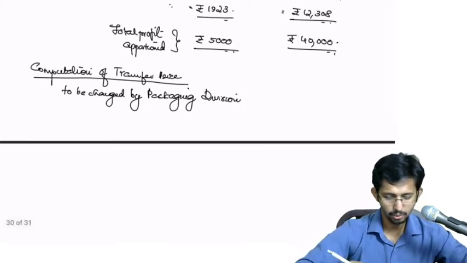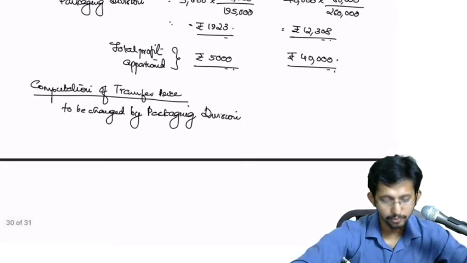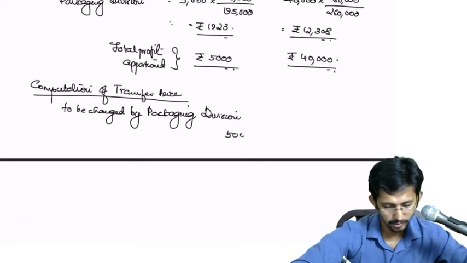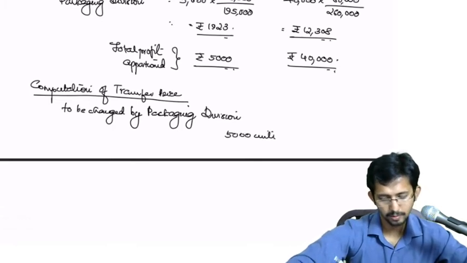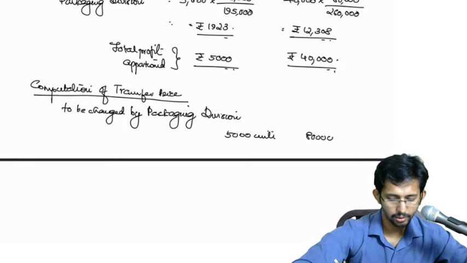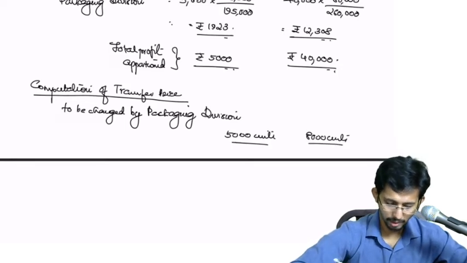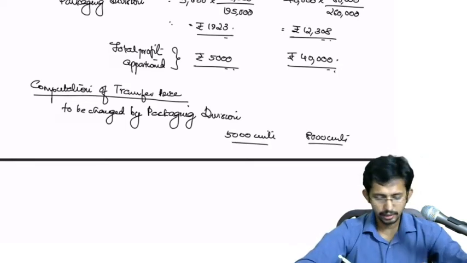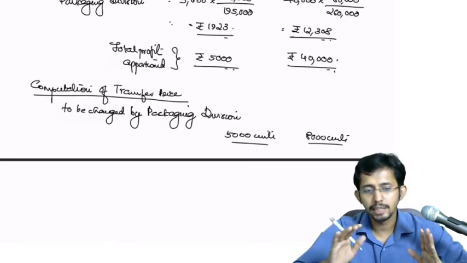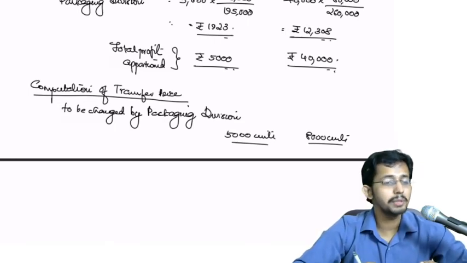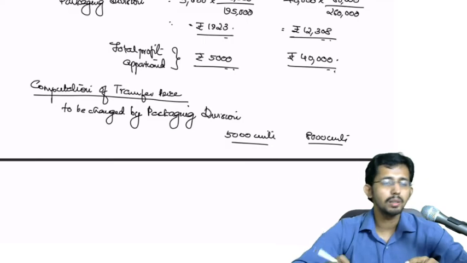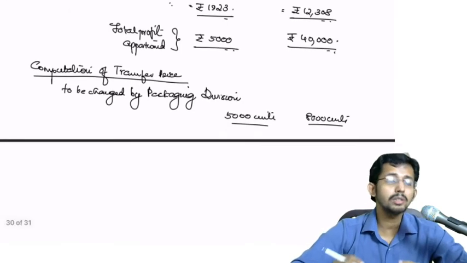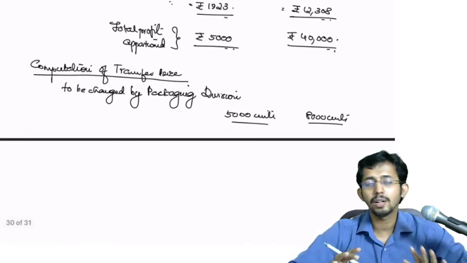Okay, so again you have 5,000 units, 8,000 units. So how do you find out the transfer price to be charged? Here the transfer price to be charged will be the individual cost incurred by that particular division plus the share of this profit. Okay, that should be the total amount of transfer pricing.